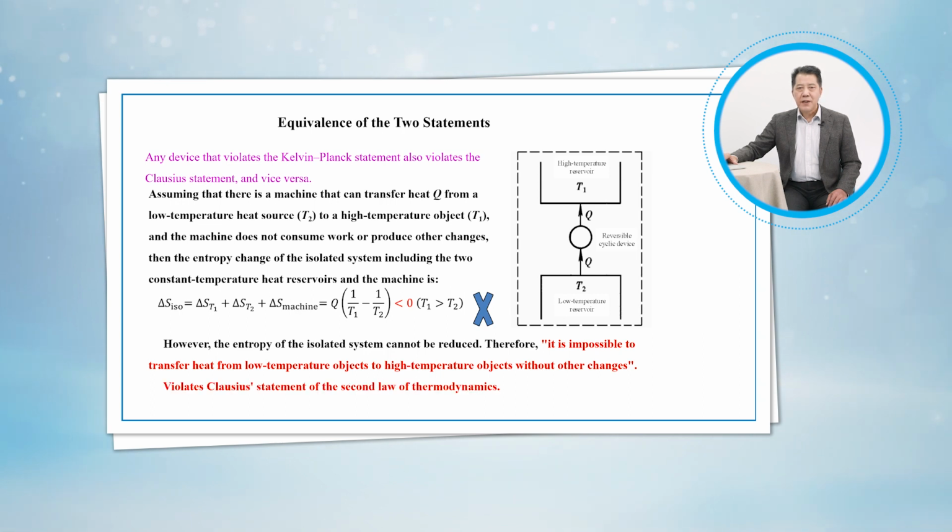This means the first assumption violates Clausius' statement of the second law of thermodynamics. The correct one should be that a machine can transfer heat from a low temperature heat source to a high temperature object, and the machine must consume work or produce other changes.